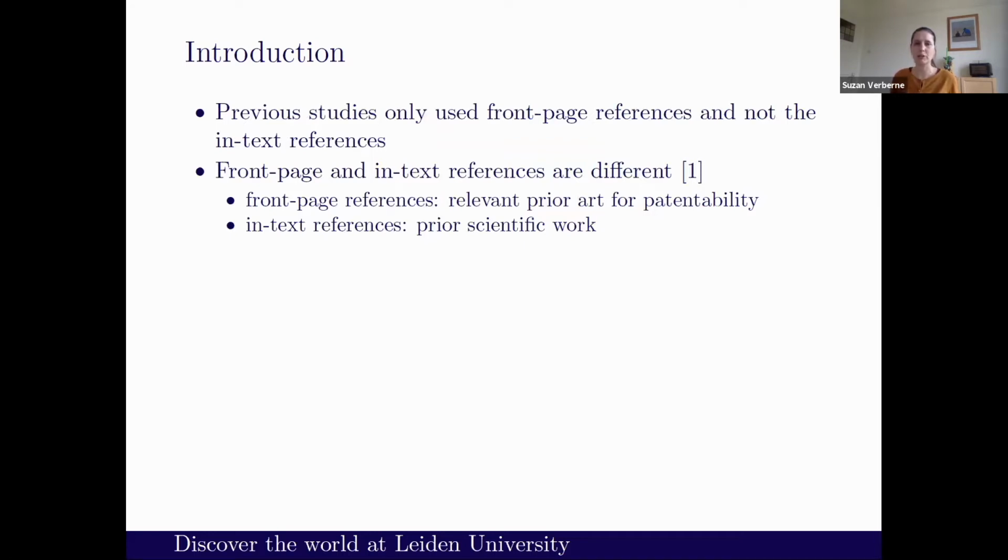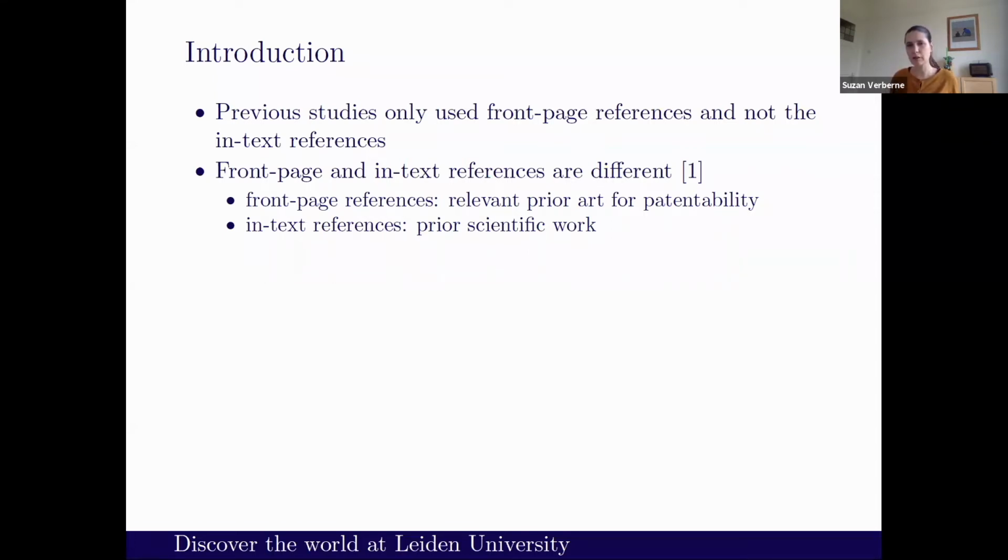On the first page is a list of references. And it has been shown actually that front page references and in-text references, so that is like how in academic papers we refer to other papers, so also patents do that. You refer in the text itself to previous work.